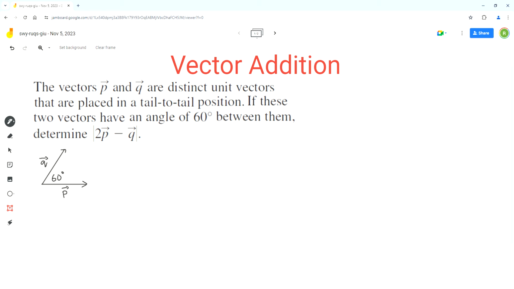Now both vectors P and Q are distinct unit vectors. The unit vectors are vectors whose magnitude is 1. Therefore, we can conclude that the magnitude of P is equal to the magnitude of Q, which is equal to 1.